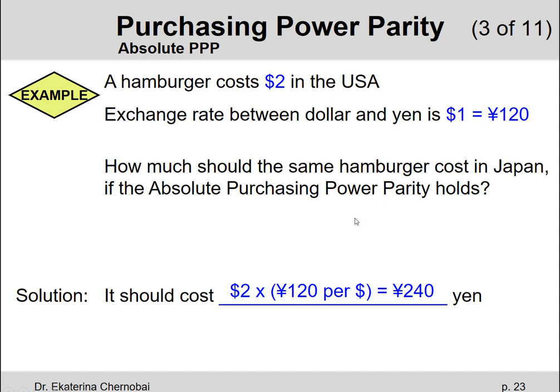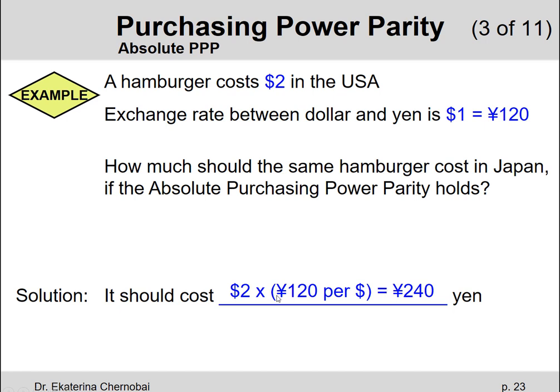So it's a pretty simple topic, right? Now, let's think about what this kind of simple looking topic is really all about. What if this burger does not cost 240 yen in Japan, but what if it costs, let's say, 300 yen? What does it mean?